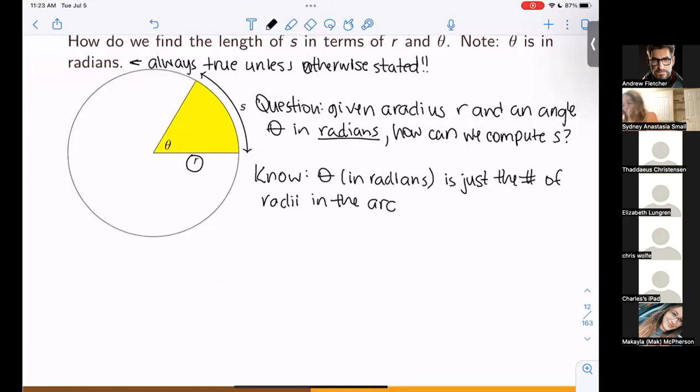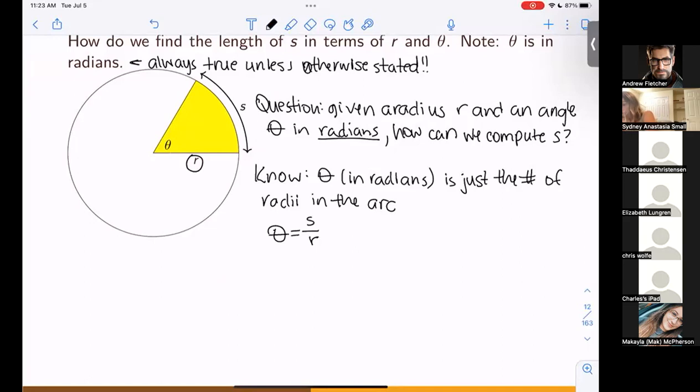That's just division. We know that theta is just the length of the arc, the number of radii, divided by the size of the radius. We know that just from knowing that theta is just the number of R. That gives us that ratio.